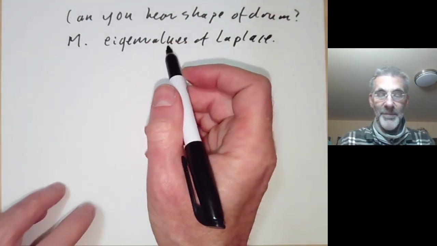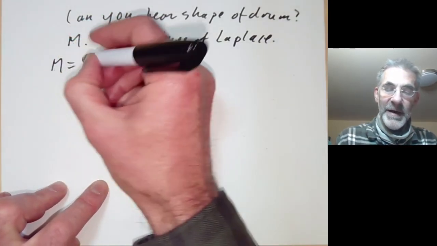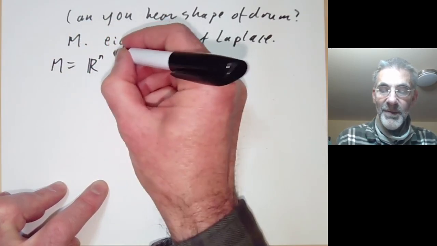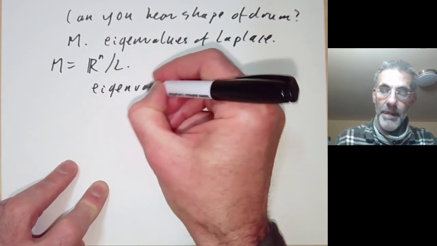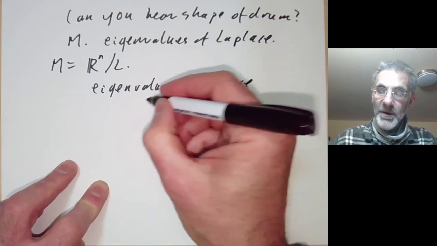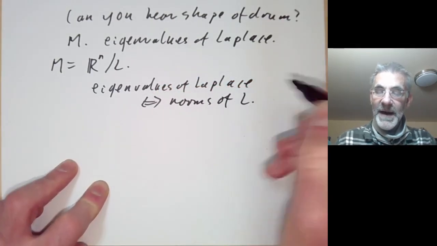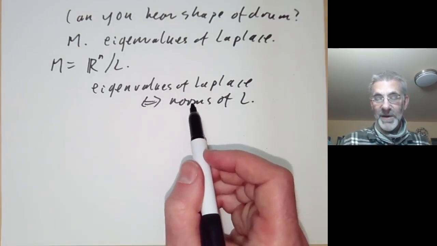Well, never mind what that means, because all we're going to do is take M to be a special manifold of the form R to the n modulo a lattice, and then the eigenvalues of the Laplacian correspond to the norms of vectors of L. And of course we count the eigenvalues with their multiplicities.